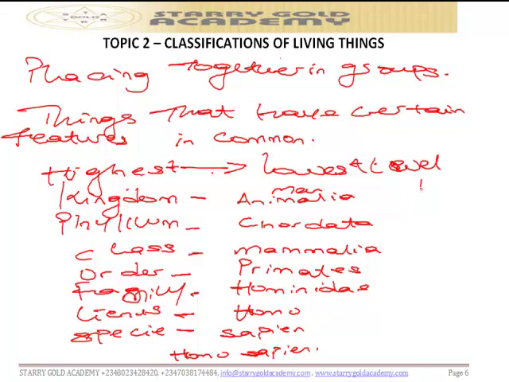Let's do that of lion also. Lion belongs to the kingdom Animalia also, just like man, they belong to the same kingdom. And the phylum Chordata. They are both chordates. And they are also both mammals.